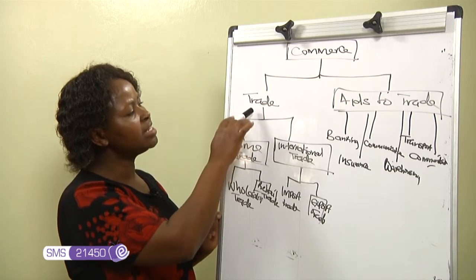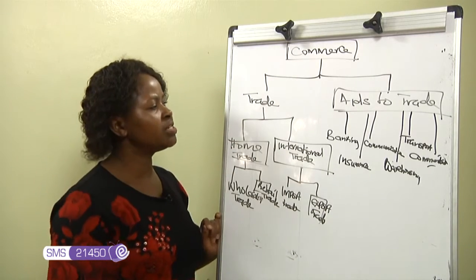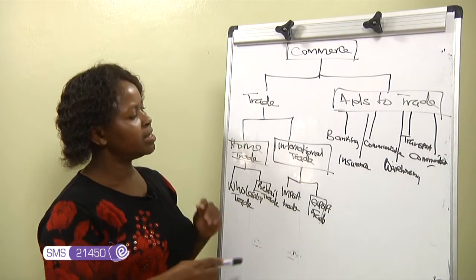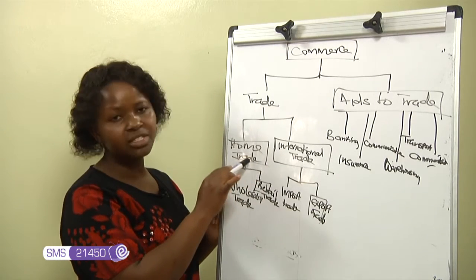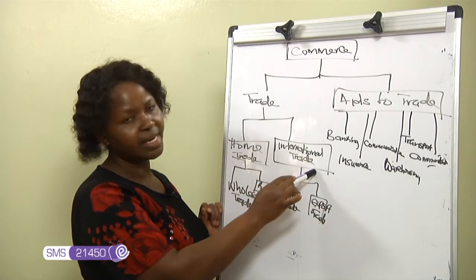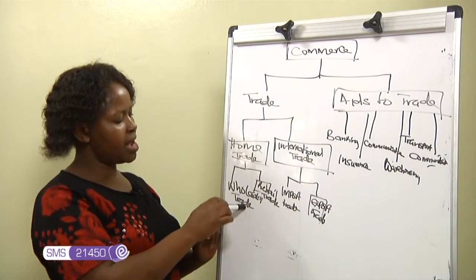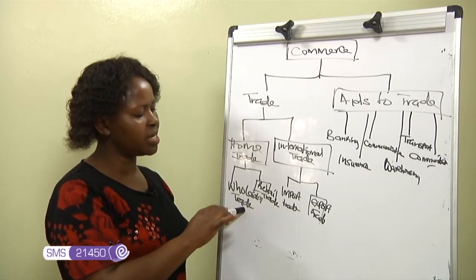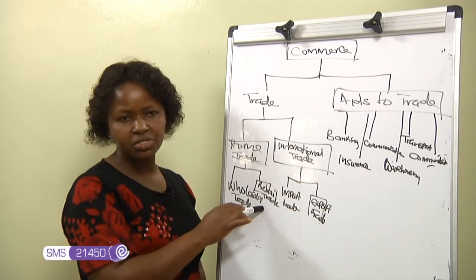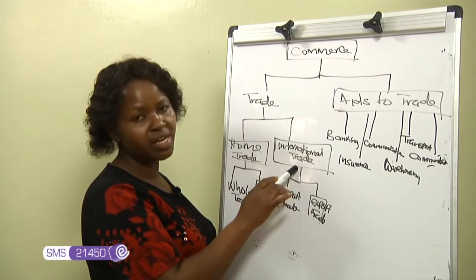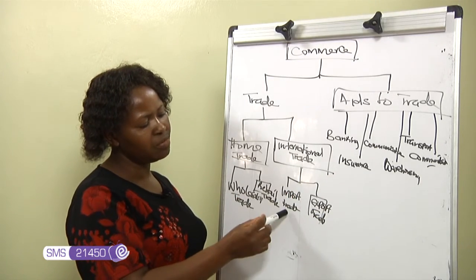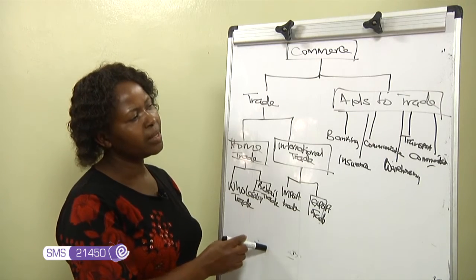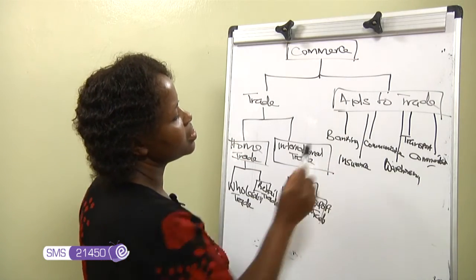We have defined trade as the exchange of goods and services at a profit. Trade is divided into home trade and international trade, where home trade is further divided into wholesale trade and retail trade. International trade is divided into import trade and export trade. There are 6 aids to trade.